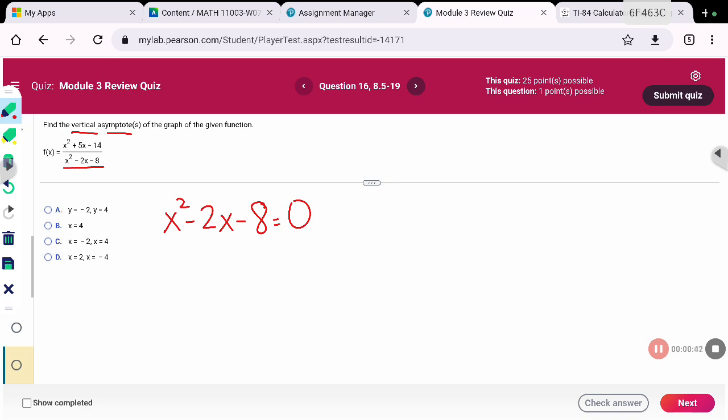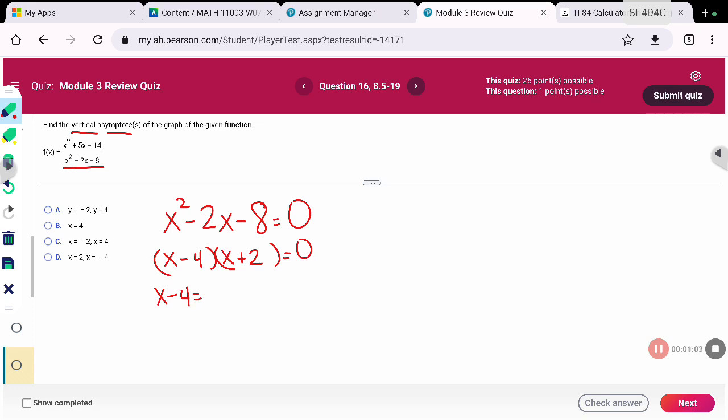So I'm going to have to factor here. So x and x. For x squared, the numbers that multiply to give me negative 8 and add to give me negative 2 would be a negative 4 and a positive 2. So there's the factors.